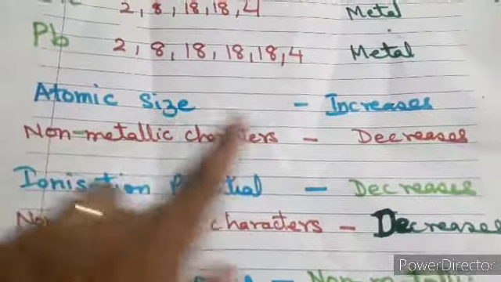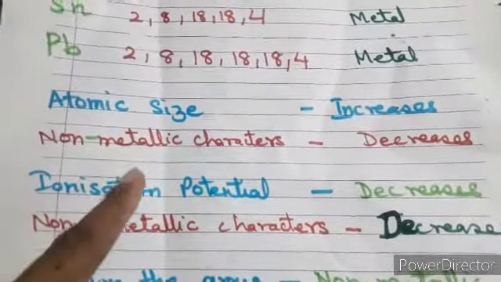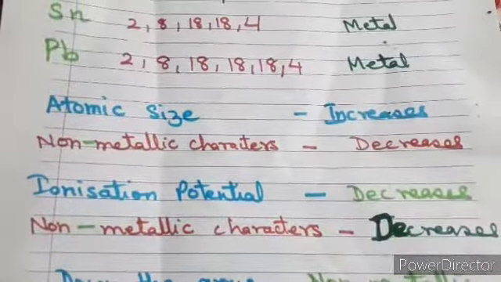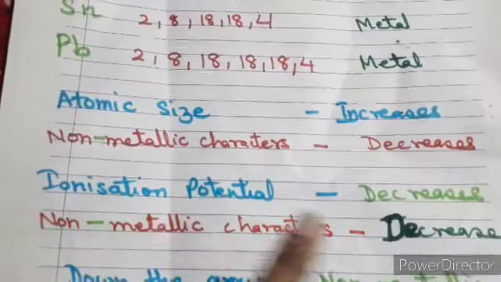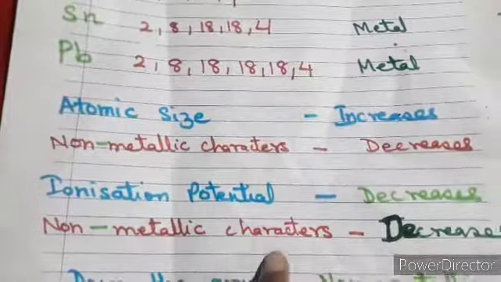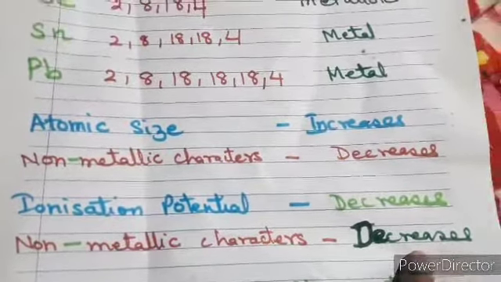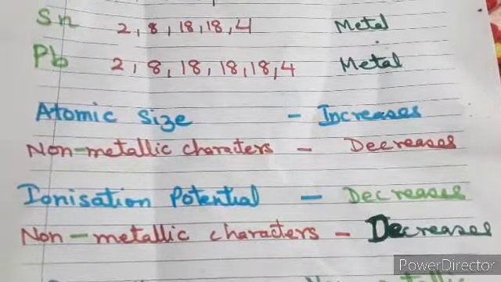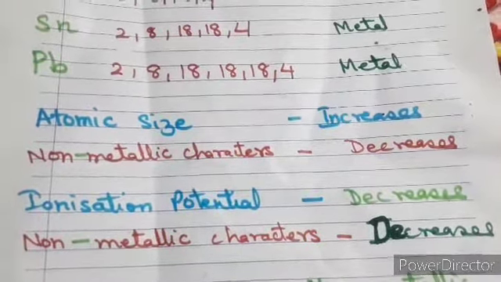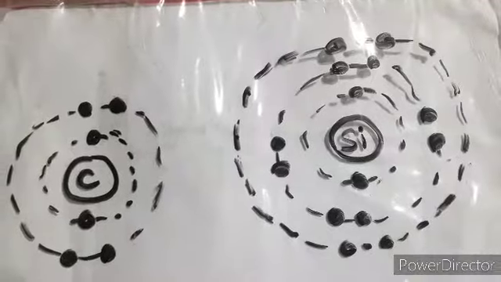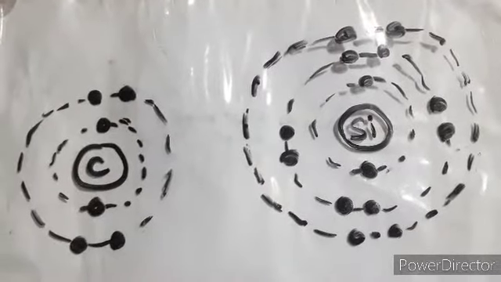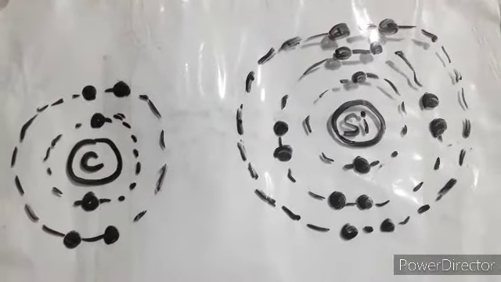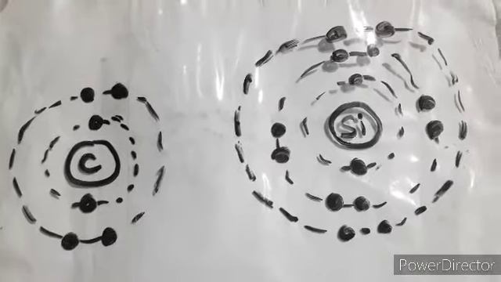As atomic size increases, non-metallic character decreases. When ionization potential decreases, non-metallic character also decreases. We'll see these two factors with the help of a diagram, so that it becomes easy for us to understand the concept. By looking at these two atoms, you can see the structures of these elements.